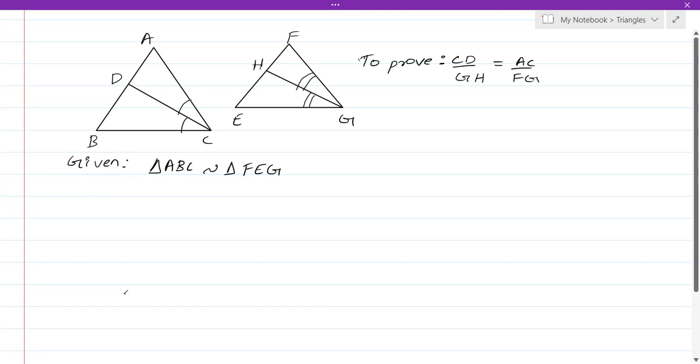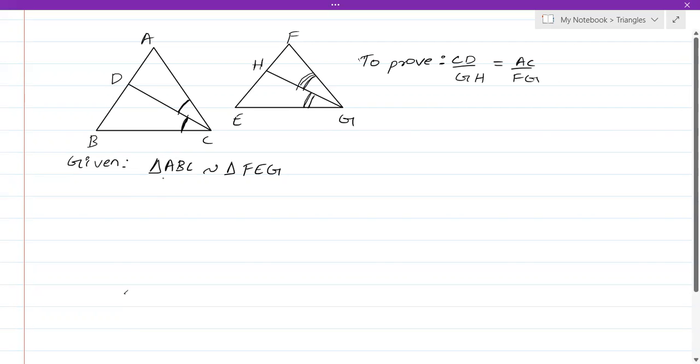CD is the bisector, meaning this angle ACD, which I'm tracing now, and this angle DCB are equal. Similarly, these two angles FGH and HGE are equal because CD and GH are bisectors.